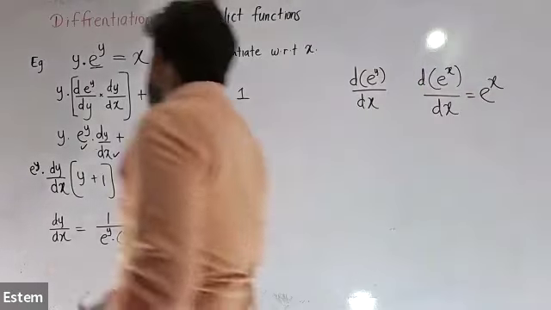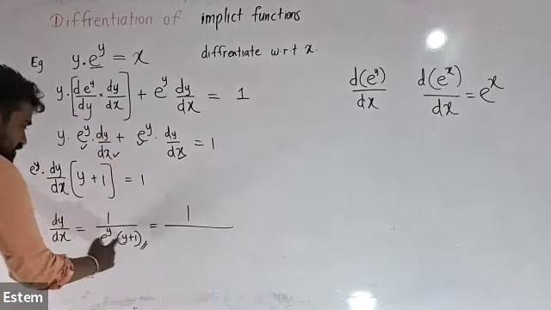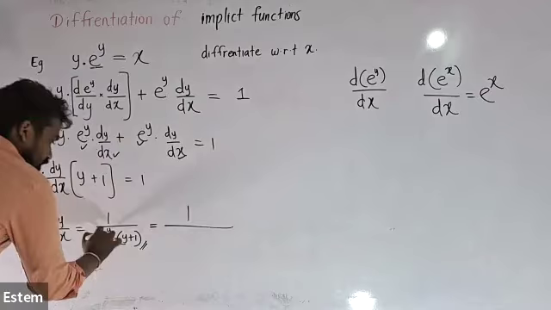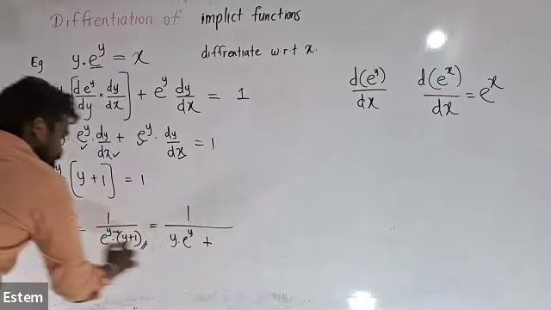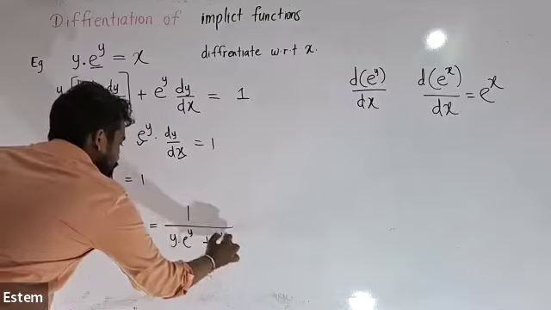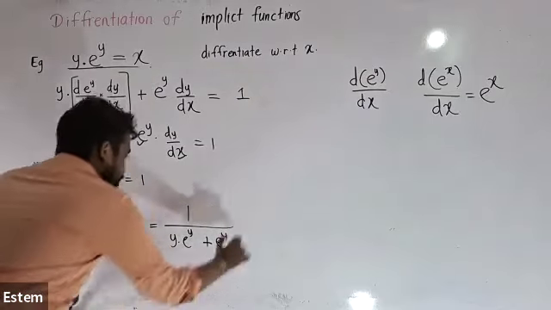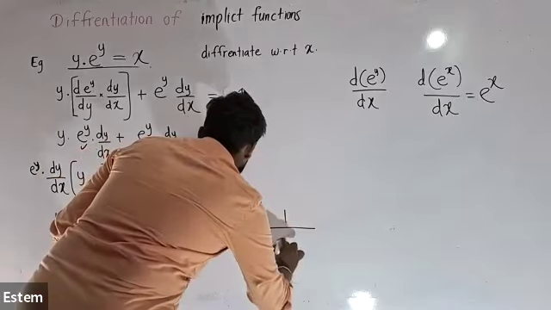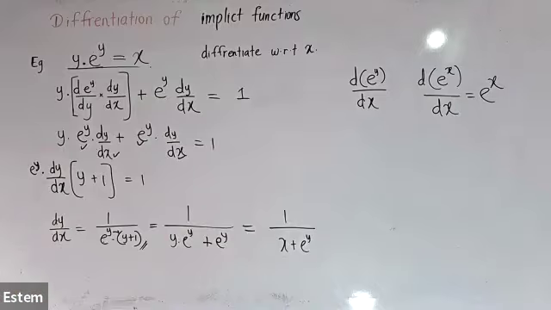After that, you can do some modification also. We can multiply this now. Then y e^y plus e^y. Then y e^y is x here. Now 1 over x plus e^y, no?